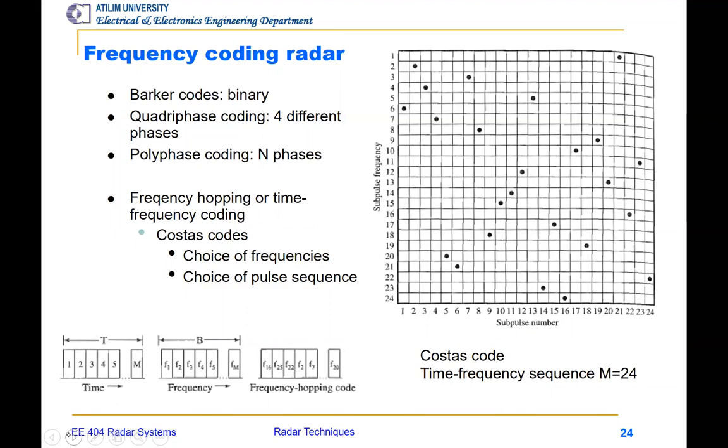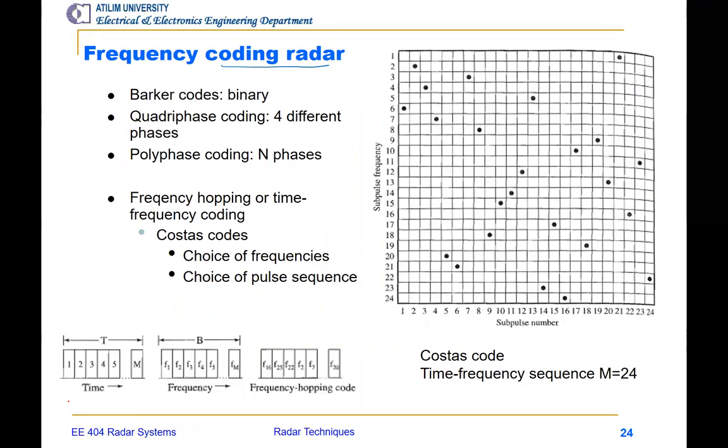One other example of pulse compression radar is frequency coding radar. In the previous slide, we described frequency modulation continuous wave radar, LFM, or linear frequency modulation radar. Now here we have a stepped type radar.